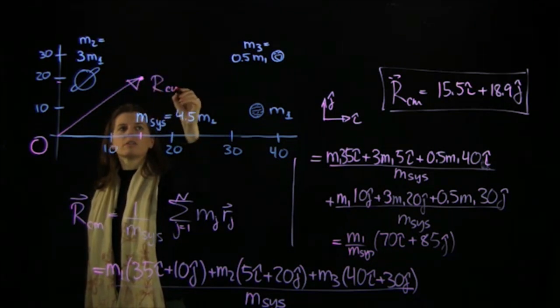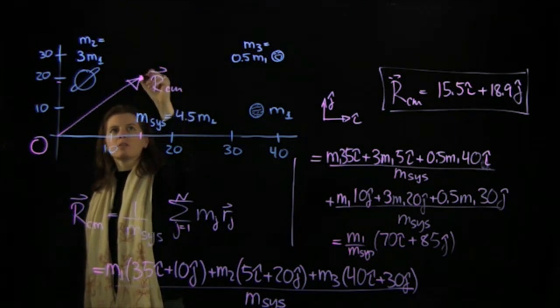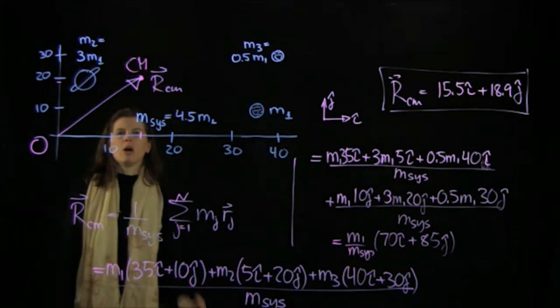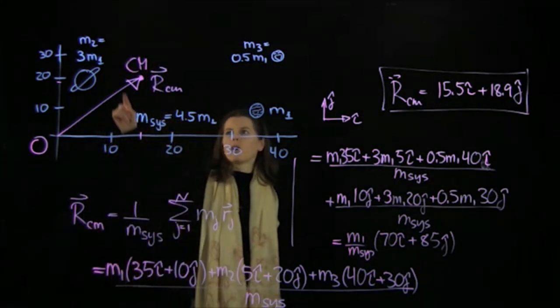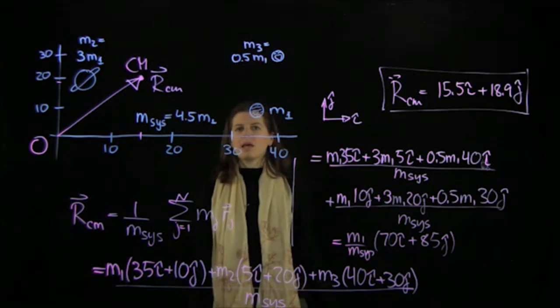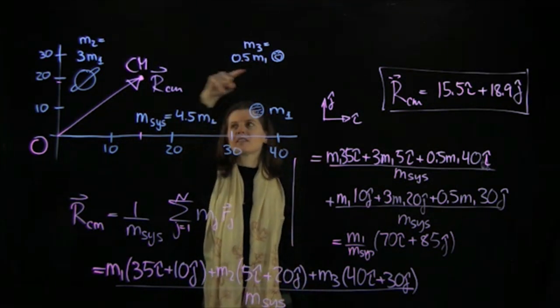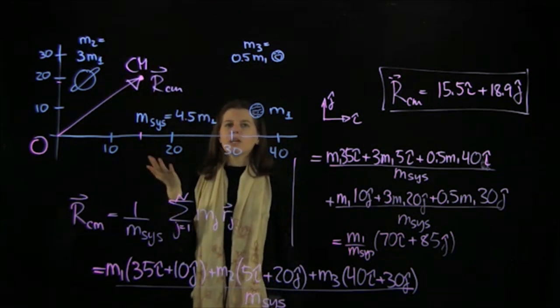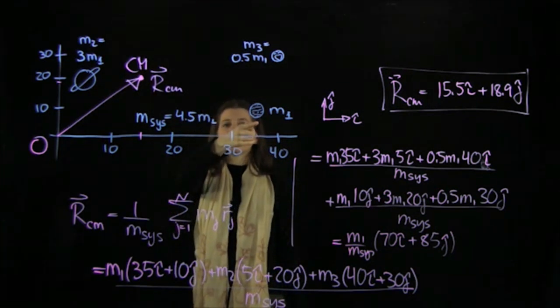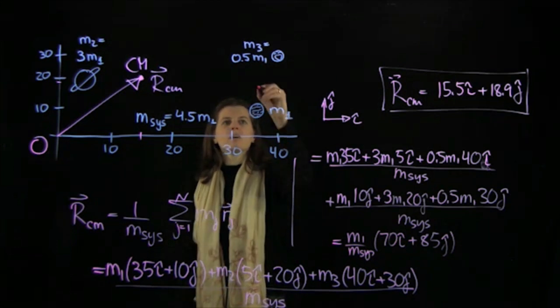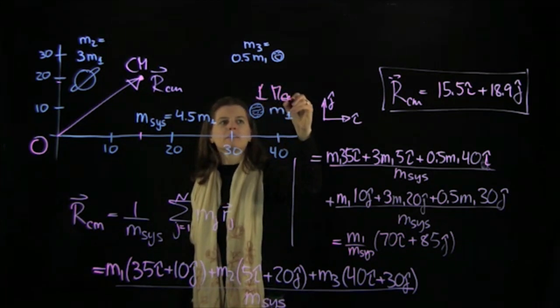So this is my R_CM, and this here is the center of mass of the system of these 3 little planets. Of course, we used approximate masses here for the planets, but if we look at the real numbers, imagine that this would be Earth, and it has 1 Earth mass.